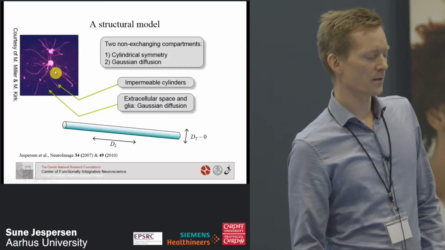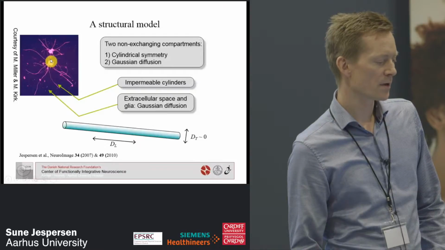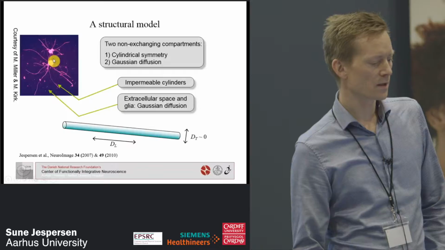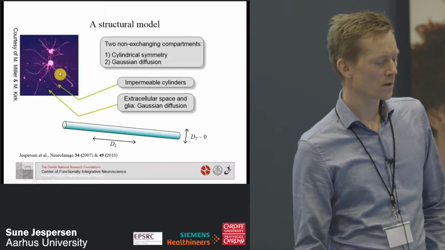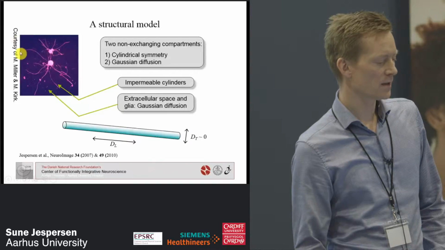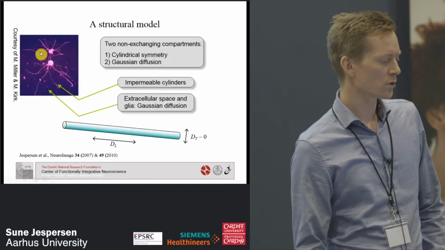So we thought that perhaps as a first approximation, it could be an idea to try describing diffusion in such complicated tissues in terms of two non-exchanging compartments. One compartment which describes diffusion in the extracellular space and in glial cells and so on, and one compartment which describes diffusion in axons and dendrites and the neurites.